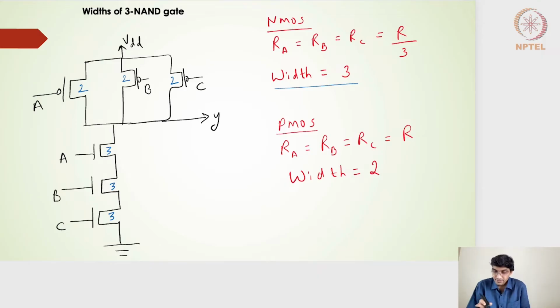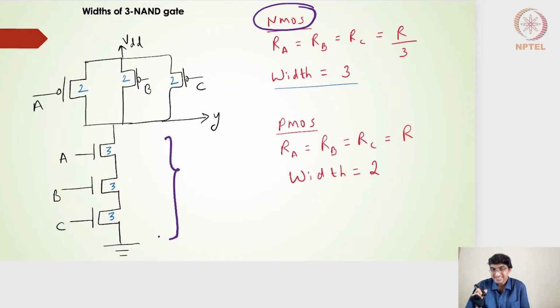Moving ahead. So what should be the width of the 3-input NAND gate in that sense, right? On the NMOS side, on the pull-down side, we know that all 3 transistors which are in series have to be on, and only then will the Y output get discharged to 0.